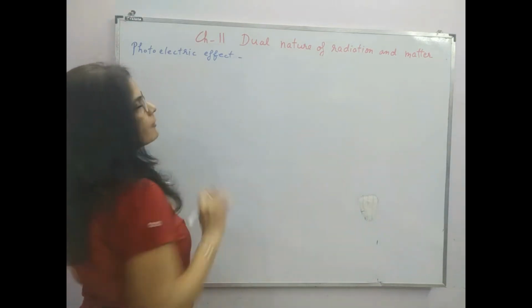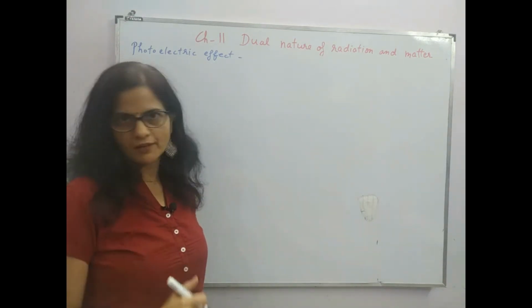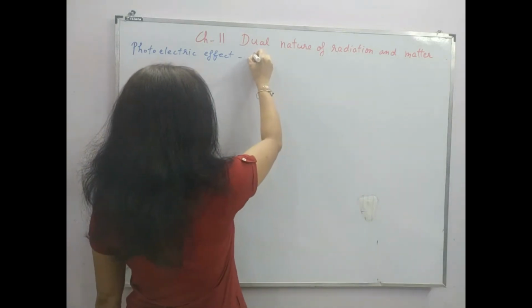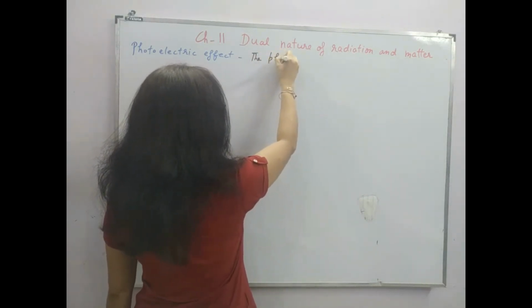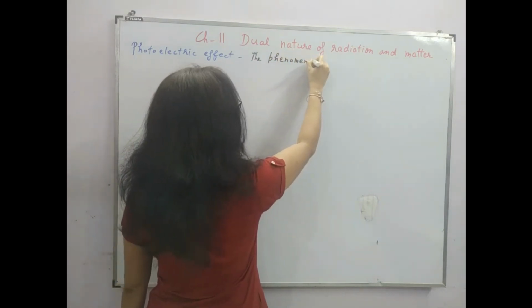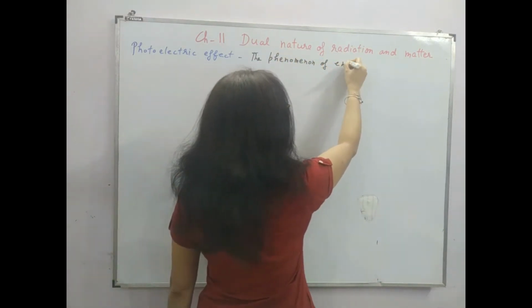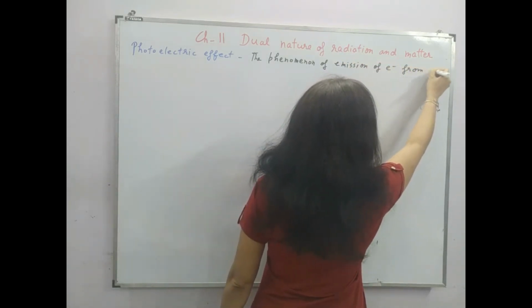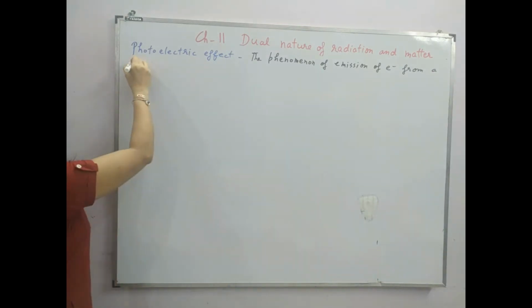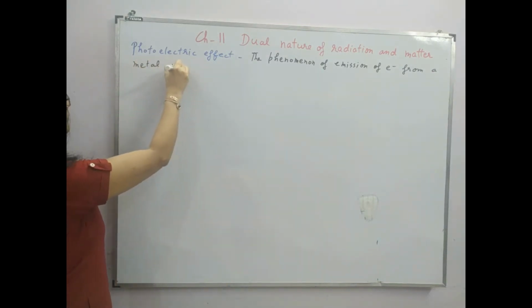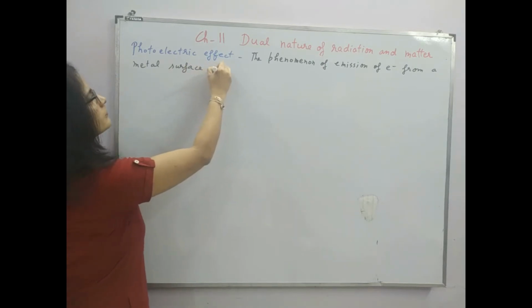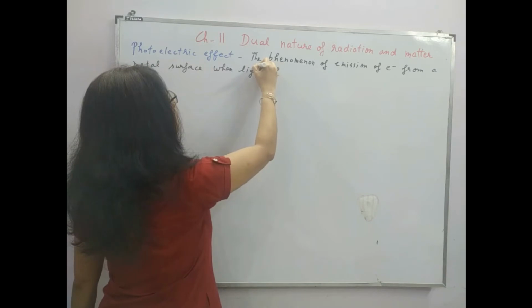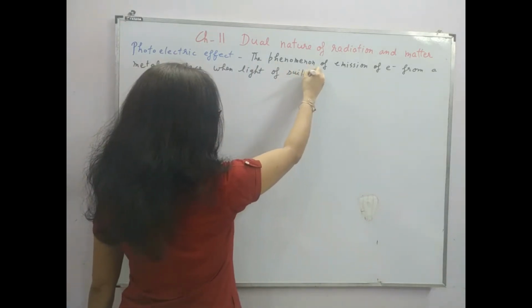It is the phenomenon of emission of electrons from a metal surface when light of suitable frequency falls on it.